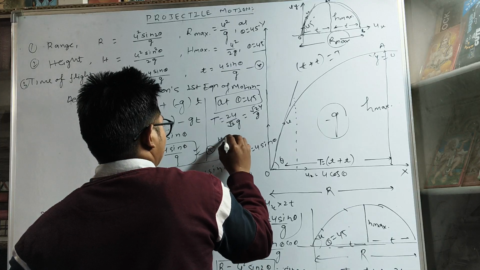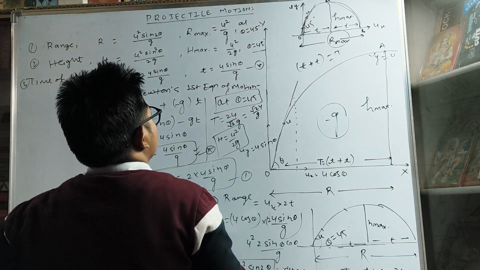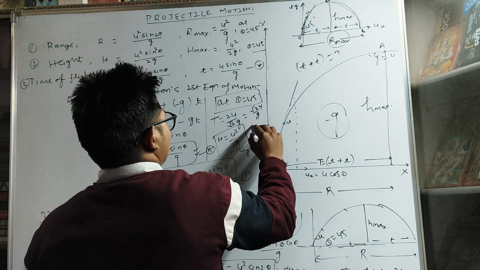Total height will become u square by 2g. Similarly, we can obtain R max as u square by g.